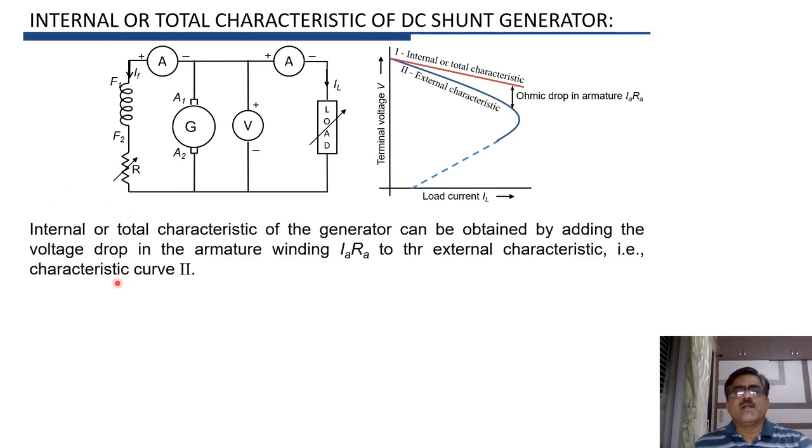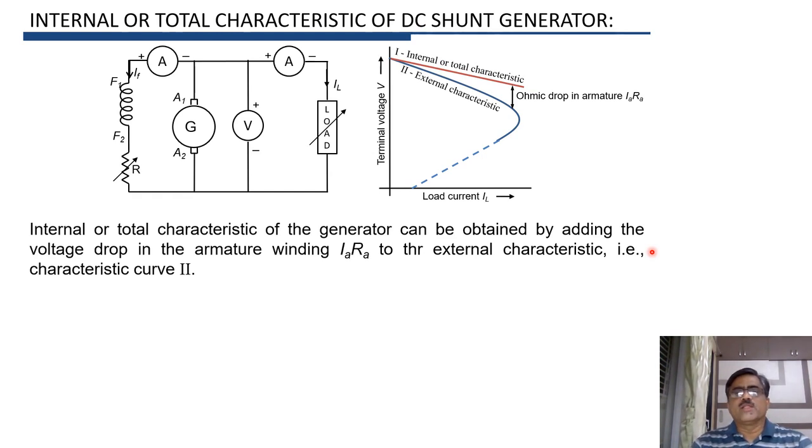To obtain the internal characteristic, we have to add IARA voltage drop to the external characteristic. So this curve 2 shows the external characteristic. If for each value of current the voltage drop in armature IARA is added, we will get the curve 1, which is the internal or total characteristic of DC shunt generator.